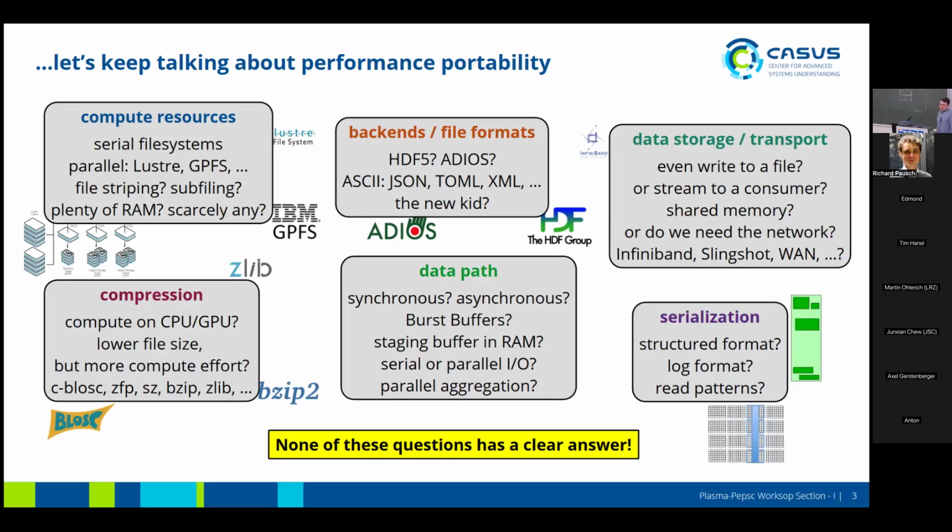And maybe even beyond that, serialization is also where you need to start thinking about, do I write portable data files that I can take from one system that has 32-bit integers to another system that has 64-bit integers, or that has different byte orders? What are the read patterns? So there are definitely some questions that you need to ask yourself.